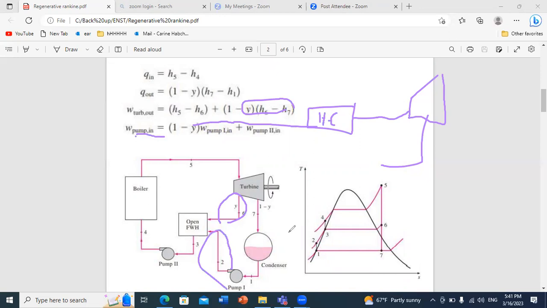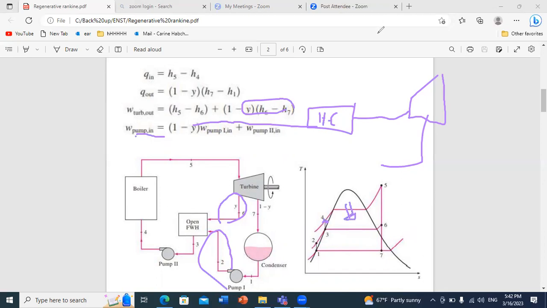When we do the analysis on the graph, we'll see that this will lead to a higher temperature at the inlet of the boiler. And how can we benefit from this, do you think? If I can increase the temperature at the inlet of the boiler, I can reduce what? The input flow rate, the amount I should put in the boiler.